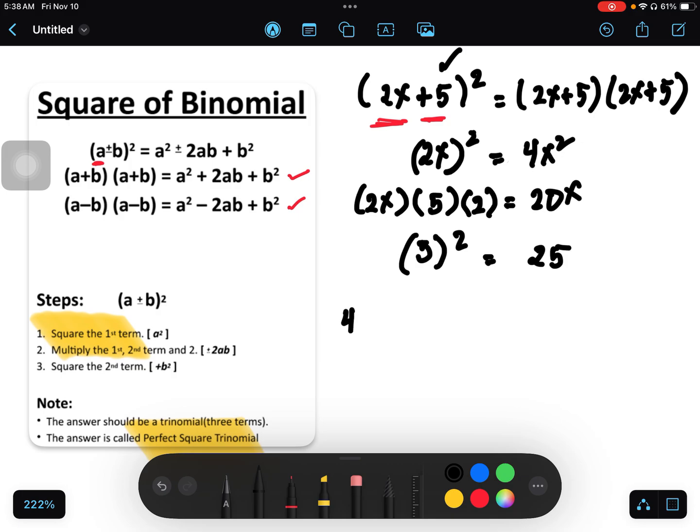So you have 4x squared plus 20x plus 25. Verifying that, based on the note here, it should be a trinomial. Yes, we have a trinomial since we have 3 terms. And this is now what we call a PST, or a perfect square trinomial. I hope this helps. Thank you so much.